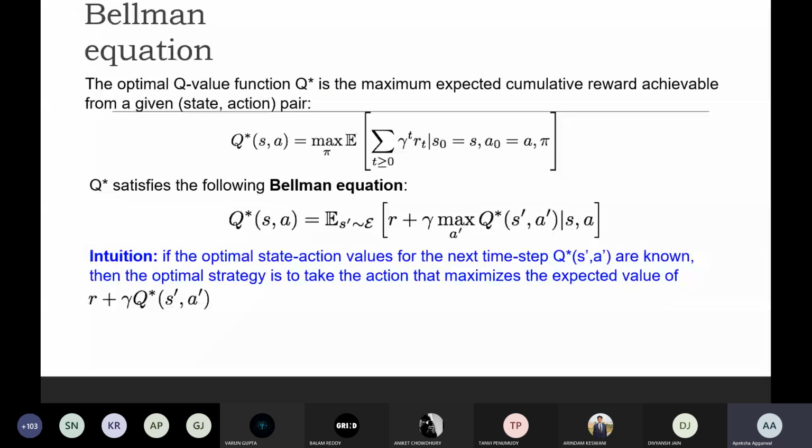So it is nothing, just simply saying the same thing in a different way. This looks complicated, but it is not actually. What Bellman equation is doing at every step, it is calculating the present reward.